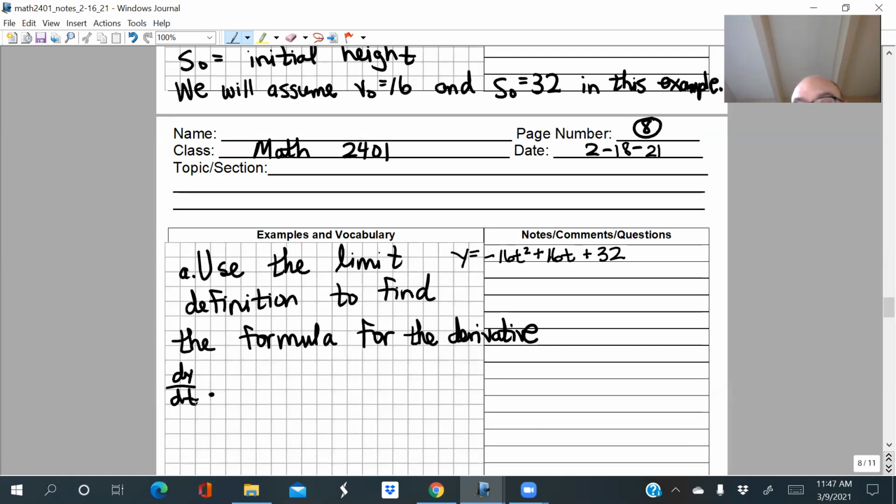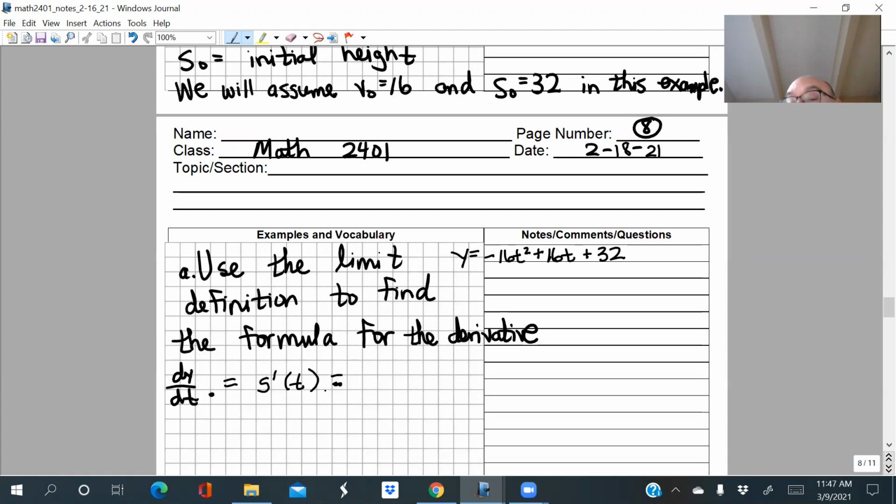That means derivative, okay? dy, because y is the height, that's the output variable in this function, and t there is our input variable, right? That's elapsed time. But this means the same as writing s prime of t, okay? All right, so this is the old-fashioned notation. That's the more modern notation, but they both mean the same thing. That's the instantaneous rate of change function. That's the formula we want to find, right?